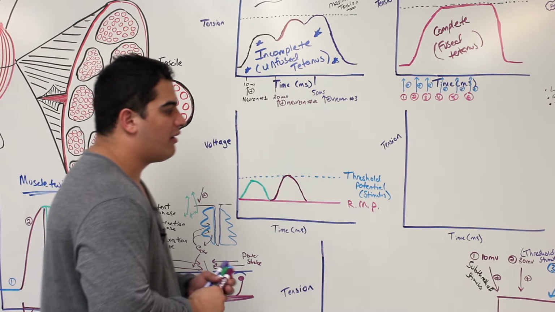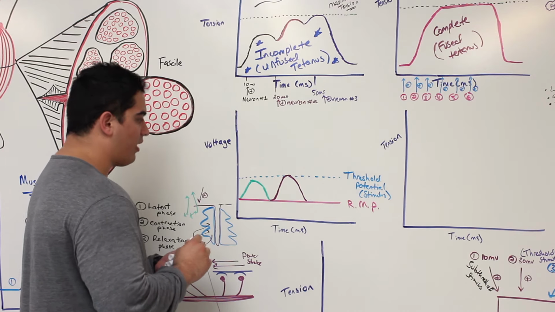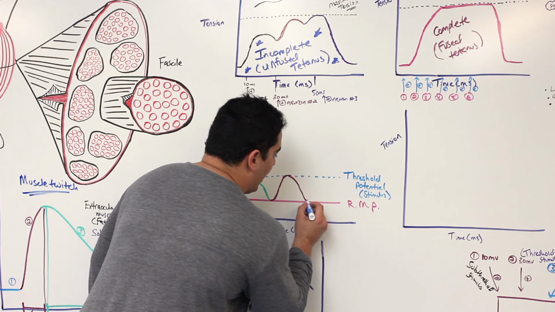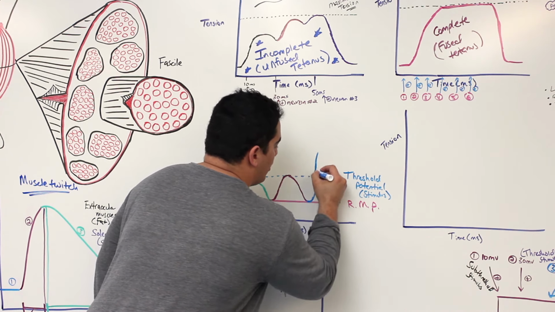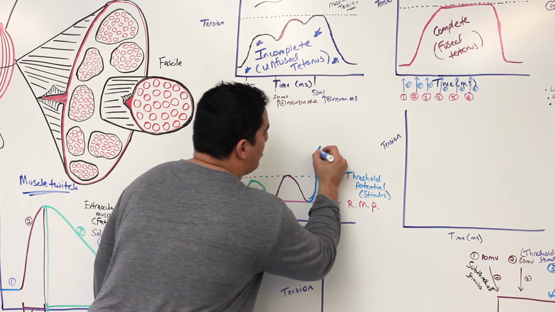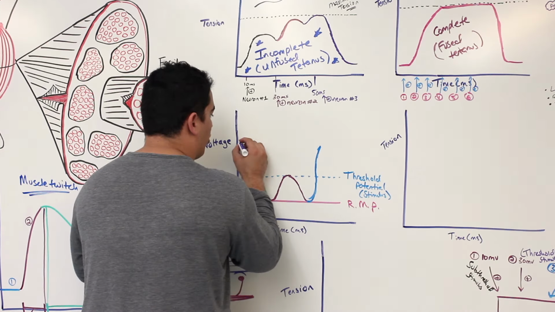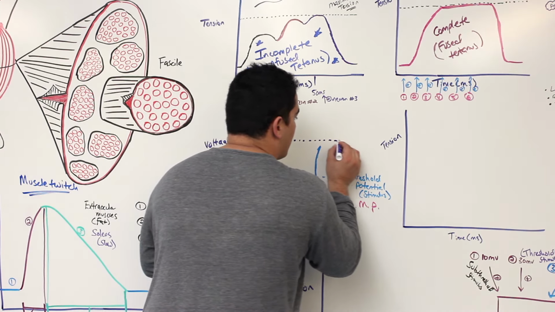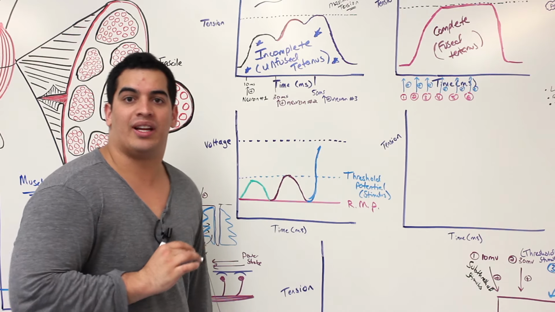Then let's say I hit it with 1,000 millivolts. I blast this thing with 1,000 millivolts, and it goes way beyond the threshold stimulus, way, way beyond that potential. And it goes up to another horizontal asymptote. Let's say I come across here. This is the maximal voltage that you can hit this cell with.